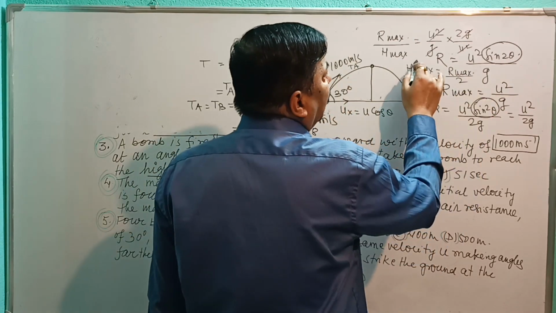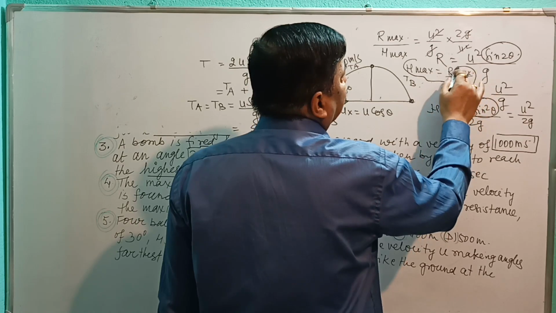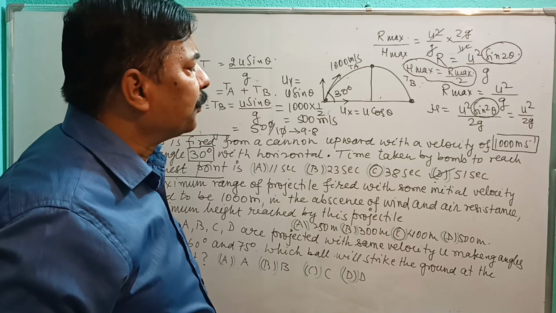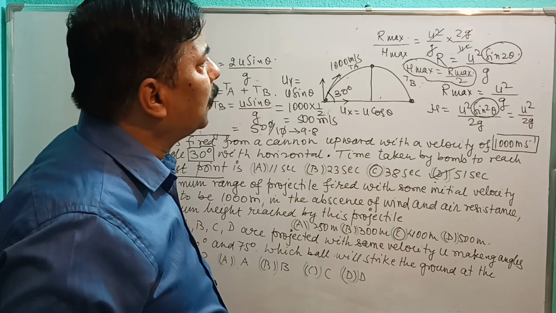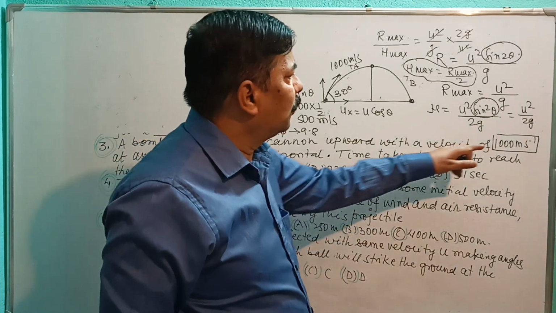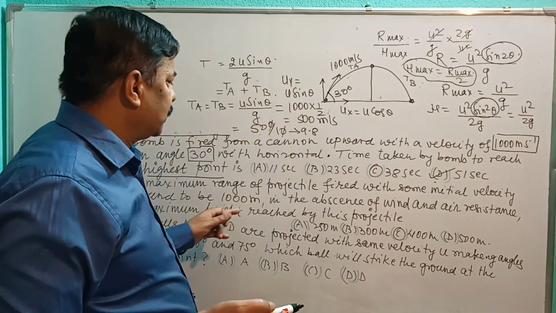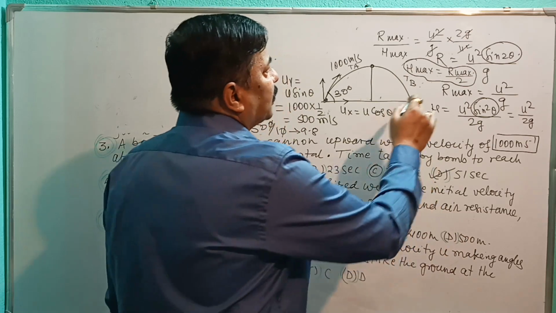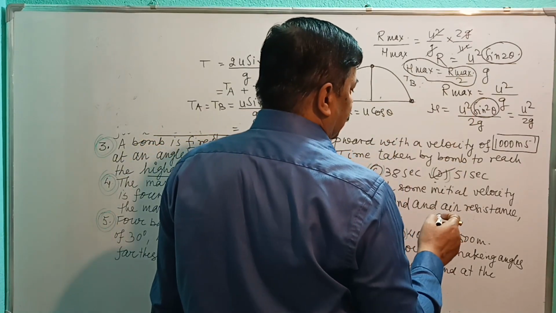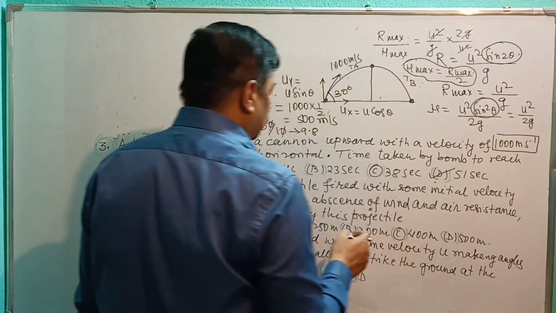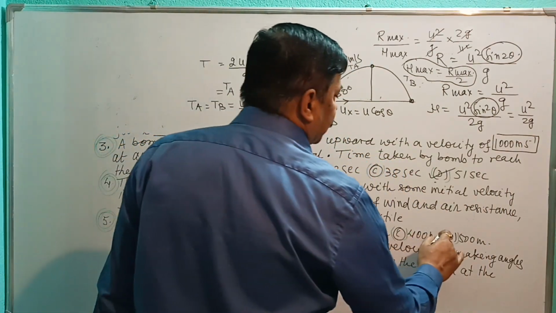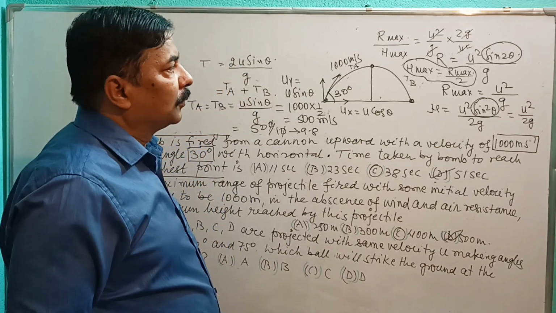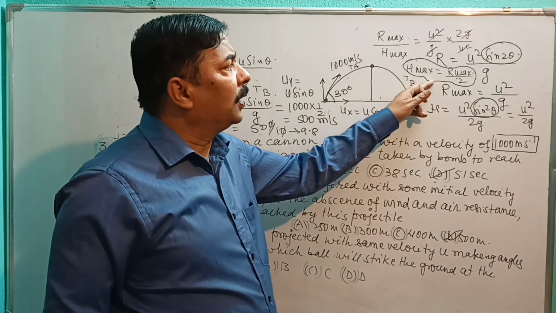This can be remembered as a formula also, that H max is equal to R max by 2. So R max is how much? 1000. So H max is R max by 2, that is, you are getting 1000 by 2, that is your 500 meter. This should be your correct answer. You can use this formula directly also.